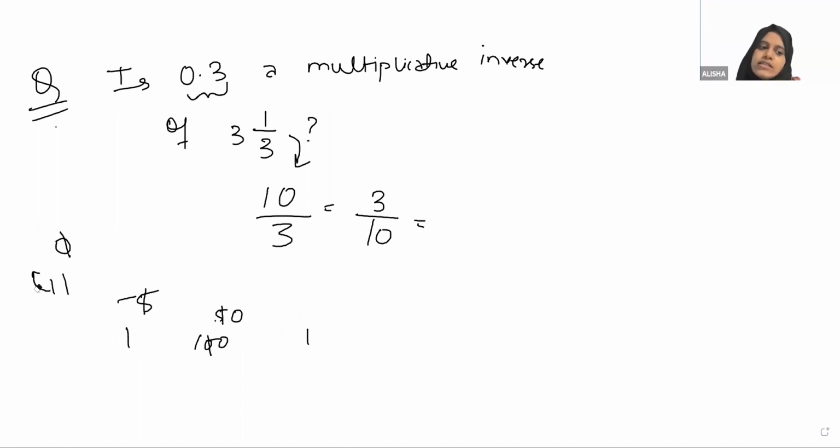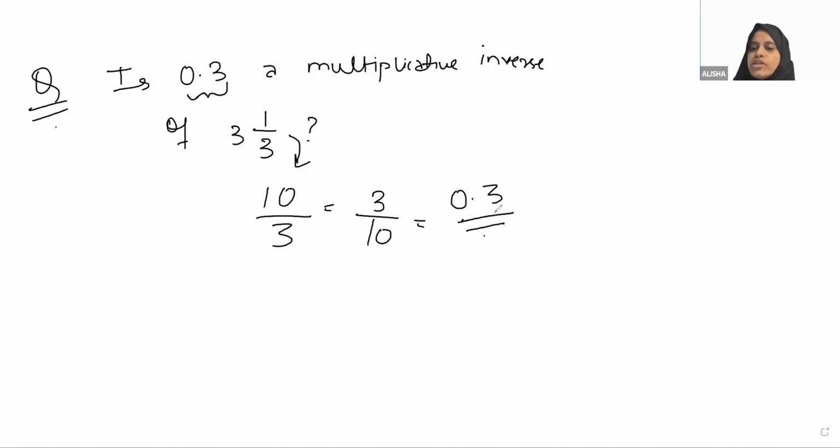So as an answer for 3 by 10, I am getting 0.3 here. What is the final answer, 0.3, right or wrong? Yes, it is. 3 1 by 3 was converted into 10 by 3, for which I found a multiplicative inverse, that was 3 by 10. Now I divided this 3 by 10 and its outcome was 0.3, and 0.3 is matching this 0.3.